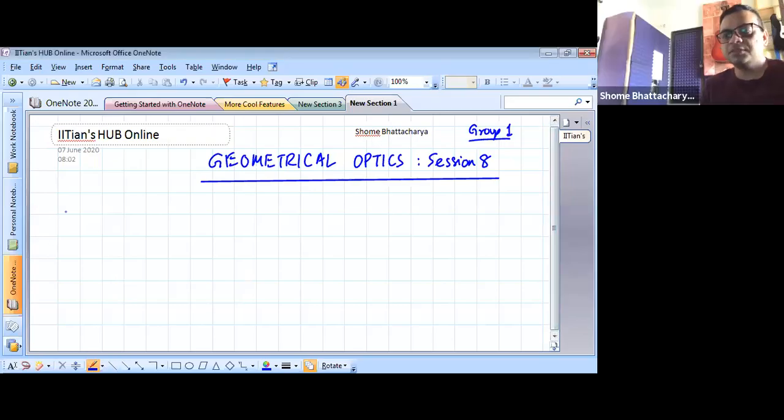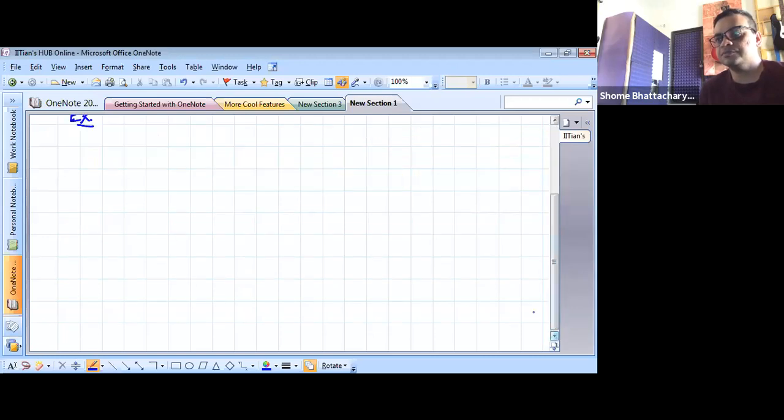Right. So a few examples to do with silvering of lenses and combination of lens and mirror, etc. For example, if we have something like this, we have a concavo-convex lens which has been silvered from this side.